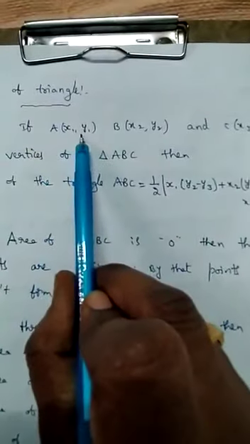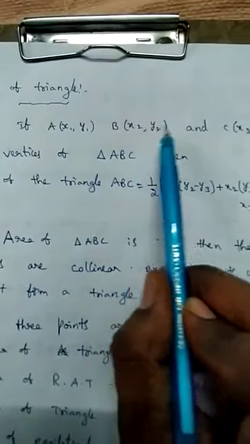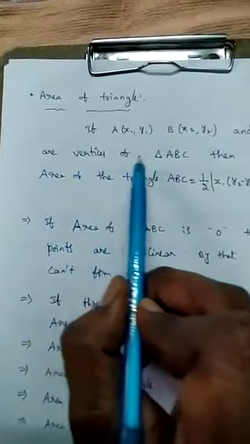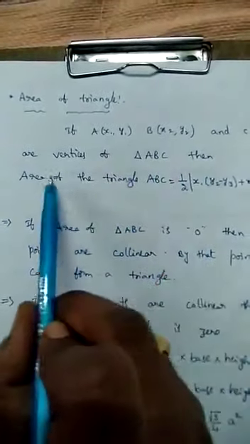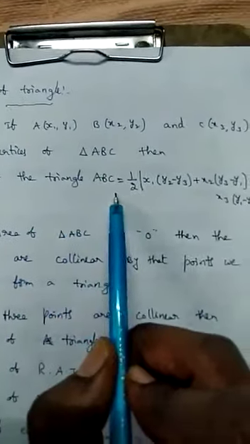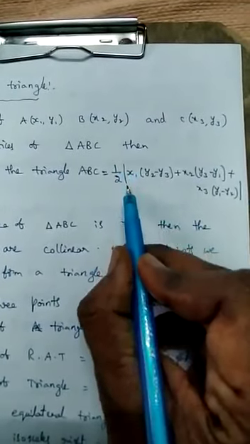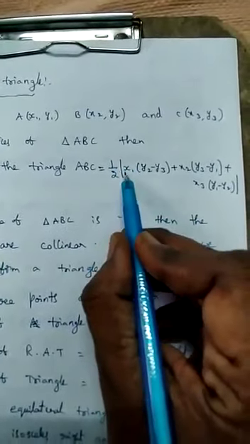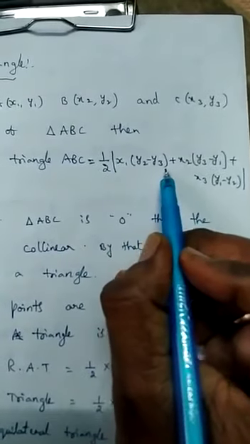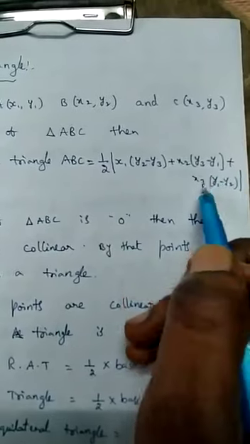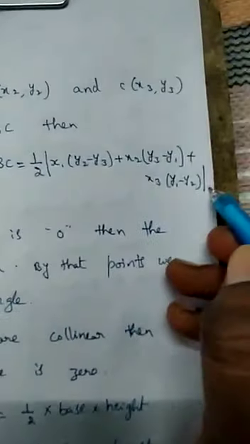If A (x1, y1), B (x2, y2), and C (x3, y3) are vertices of triangle ABC, then area of the triangle ABC is equal to half into modulus of x1 into (y2 minus y3) plus x2 into (y3 minus y1) plus x3 into (y1 minus y2).